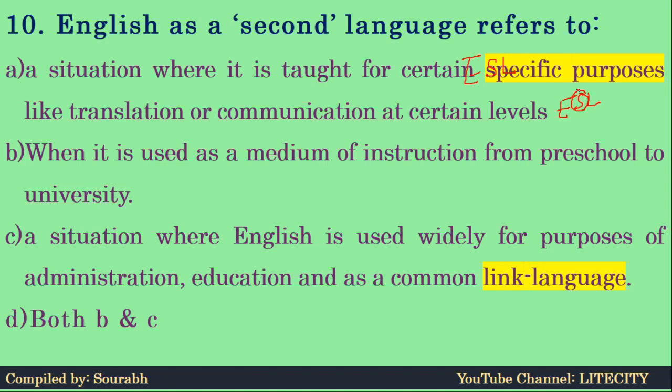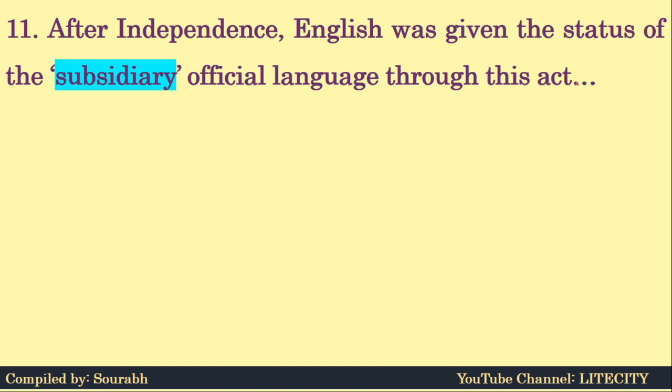But second language is a situation where English is used widely for different purposes: social purpose, administration purpose, business purpose, education purpose. Then it becomes a link language, which we have already seen, lingua franca, or a second language of the nation. So this is the correct answer.